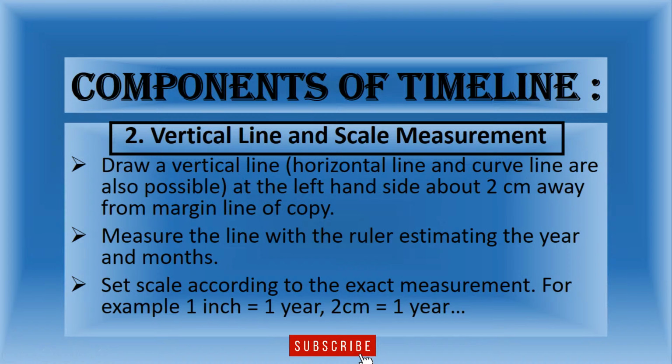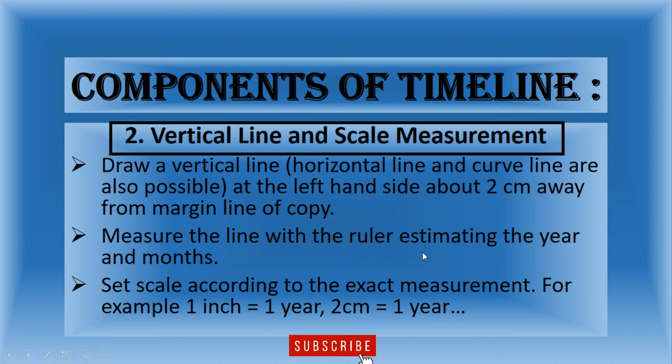For now we are doing only the vertical line. This vertical line should be drawn at the left hand side, 2 centimeters away from the margin line of your copy, so that you will not touch the red margin line of the copy.